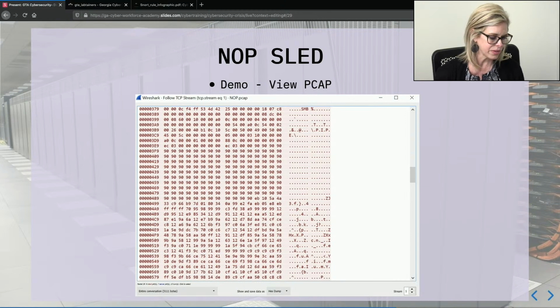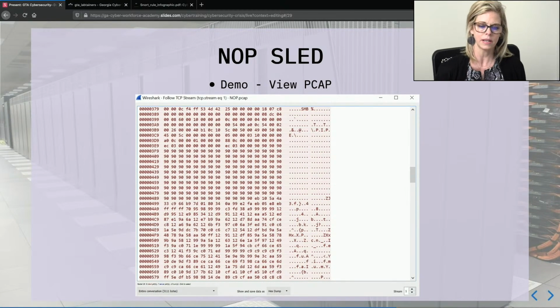If you think about the different areas of memory, you have your kernel space, your stack space, your heap memory, and then where your data, your actual variables are stored, as well as what we call the text area of memory. So this particular exploit is crafted to overflow the buffer to a point that we create a NOP SLED.